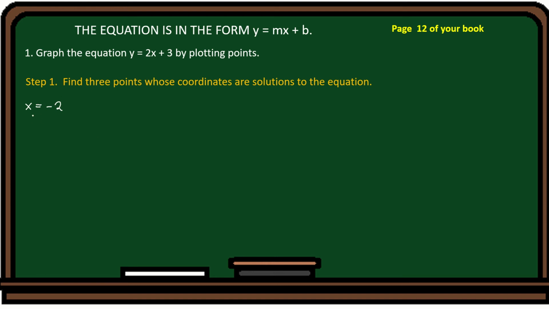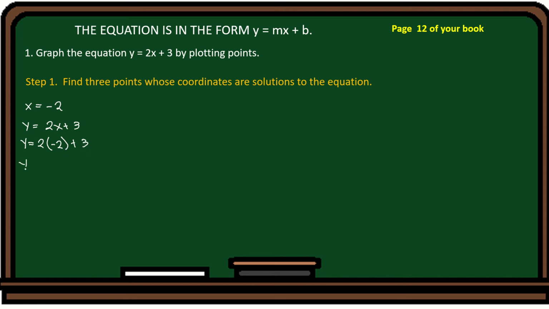So we will have y equals 2x plus 3. We give the value of x so that after substituting it in your equation, you can have the value of y. Let's see how it works. y equals 2 times, substitute the value of x which is negative 2, plus 3.